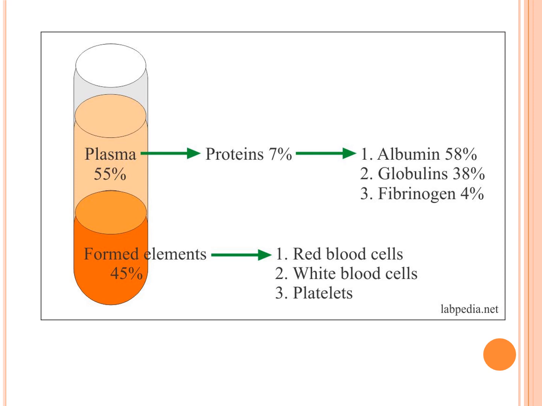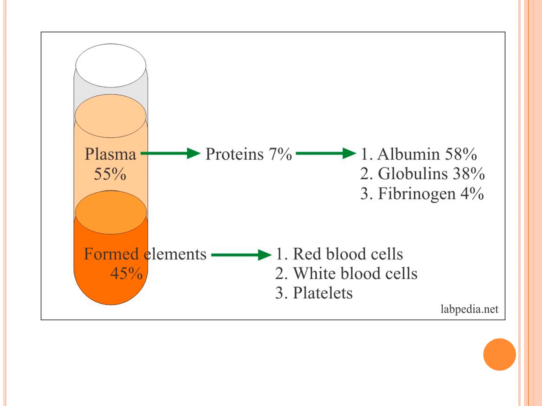Albumin helps in distributing water all over the body. Globulin helps in protection, and fibrinogen is used in the blood clotting process. Other than water and proteins, plasma also has inorganic ions or salts like potassium, calcium, sodium, which help in controlling the function of muscles and nerves.